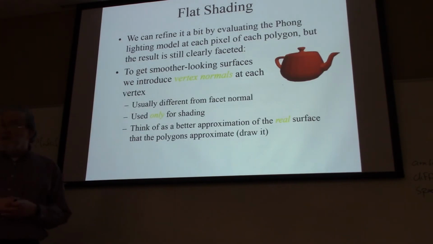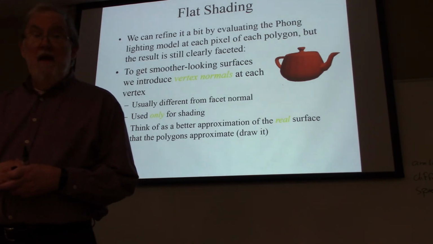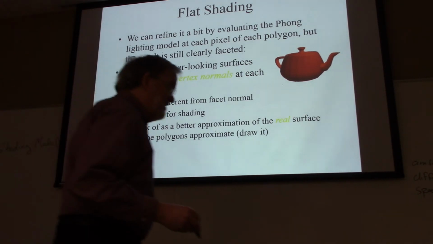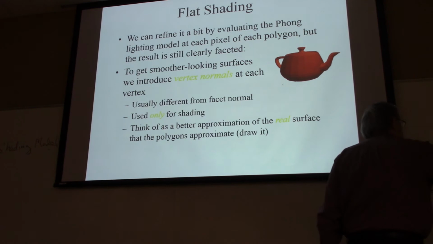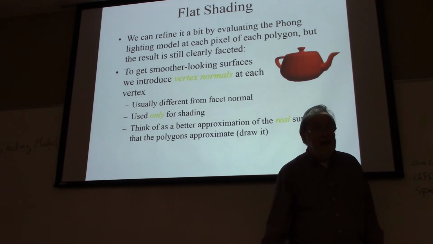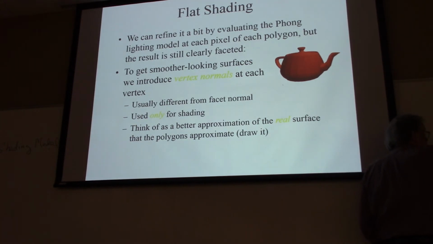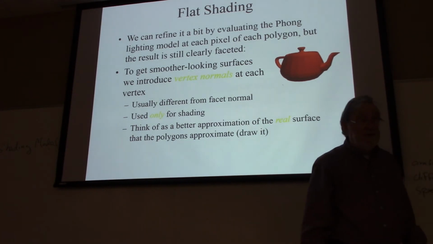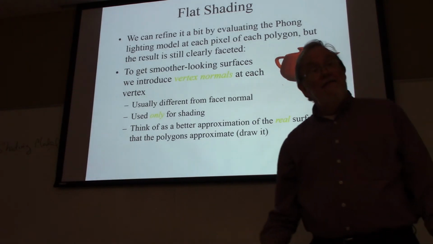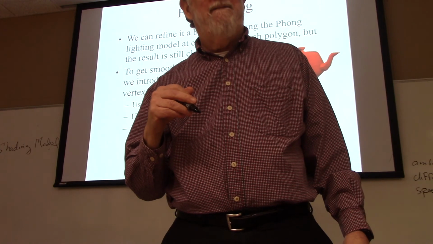Okay, so our first model is called flat shading. What flat shading says is that you take a polygonal facet, let's assume it's a triangle, and you calculate the surface normal to that little flat facet, and then you calculate the shading for that situation, okay?